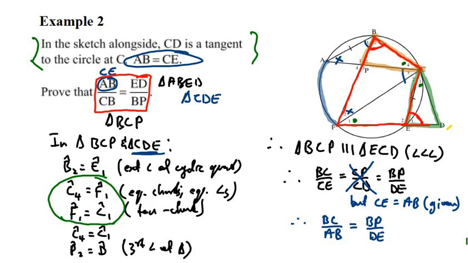So let's see, are we done at this stage? No, it does appear that AB must be in the numerator, BC must be in the denominator. So we know these two are equivalent. I'll just flip it around and say AB over BC is DE over BP. Done. End of proof.